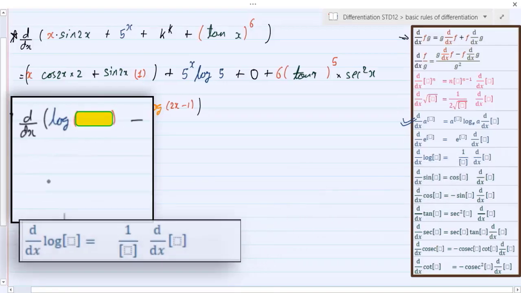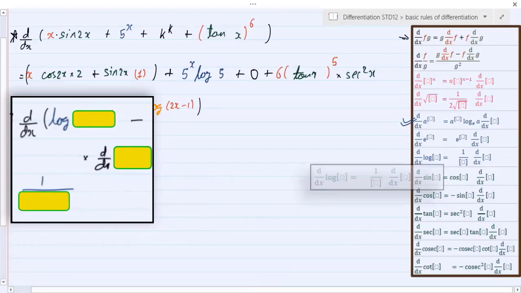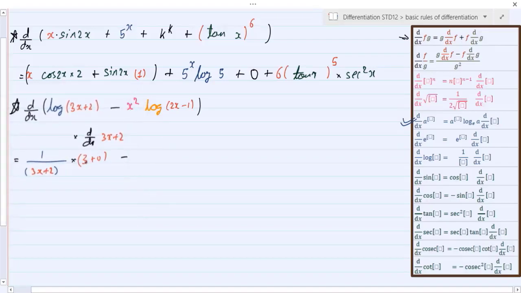Differentiation of log box is 1 upon box into differentiation of box. Now we have 3x plus 2 within the box. So we just have to multiply the differentiation of 3x plus 2, which is nothing but 3 plus 0. So here we complete the differentiation of the first term.